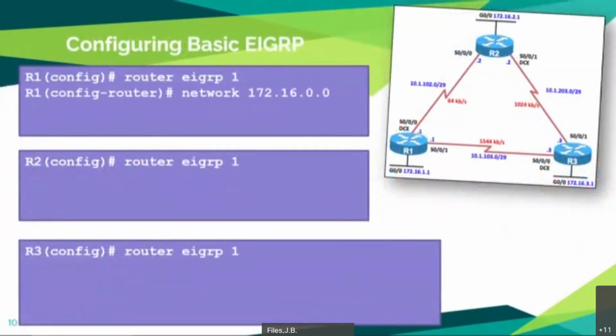So we have our network command. So just a reminder, can anybody describe what the network command does? What is its function? How would you describe it? You advertise? Yes, it does lead us to advertising, but how does it accomplish that?